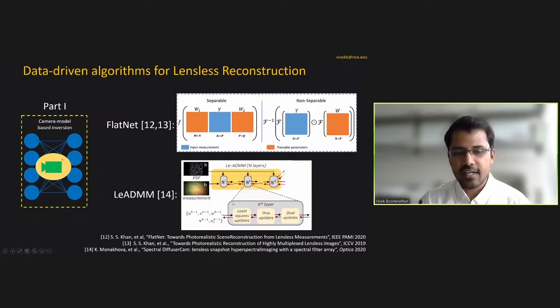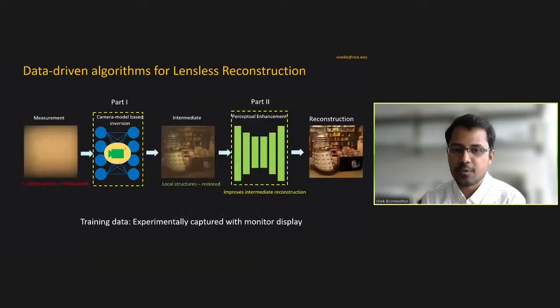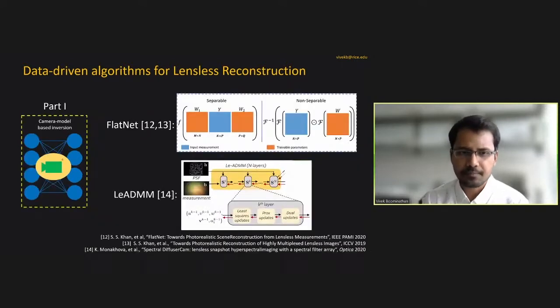The other alternate approach that was explored was not learning the camera parameters, but using unrolled layers of iterative algorithms and optimizing the parameters of the unrolled layers. These are two ways to incorporate the camera model, which produce an intermediate result and then use a perceptual enhancement network to reconstruct higher quality images.